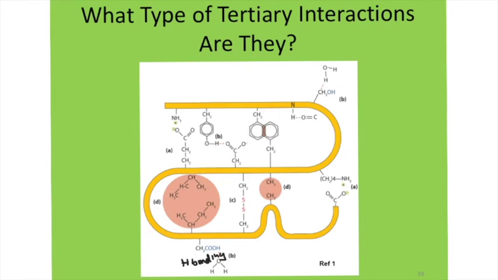In D, this region here, okay, this is isoleucine and 2 isoleucine residues, okay, and so that is forming an intermolecular interaction between the two with hydrophobic interactions. Or you can call that London dispersion forces.